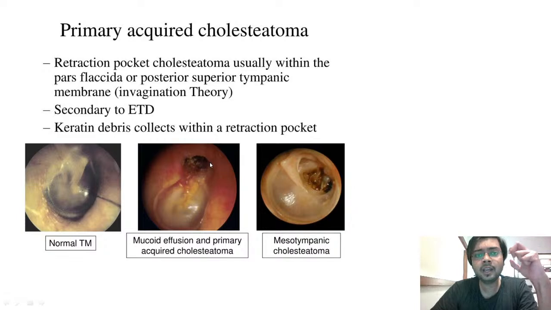So these primary acquired cholesteatomas, why I am saying this is because these occur through the formation of retraction pocket through the Prussak space.